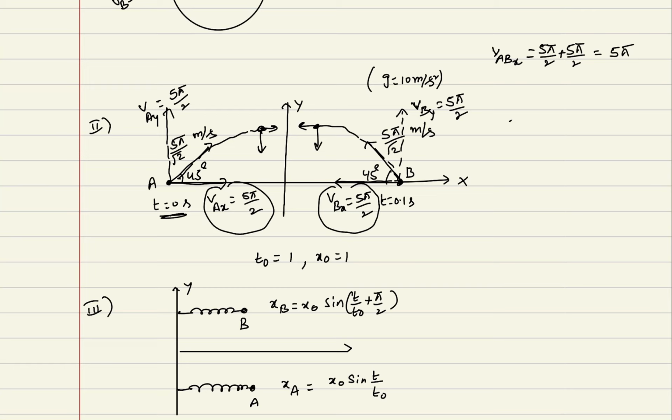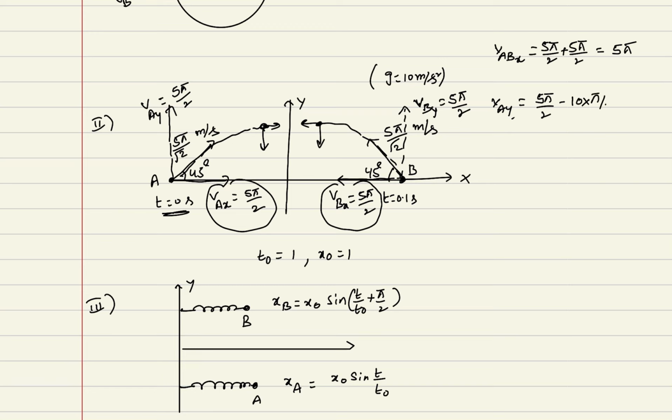Now the velocity of A along the y-axis I write first. Vay can be written as initial velocity 5 pi by 2 minus g into time taken t. The t value they are asking is pi by 3. Next, the velocity of B along y is 5 pi by 2 minus 10 into, since it starts 0.1 seconds later, 0.1 I will write.